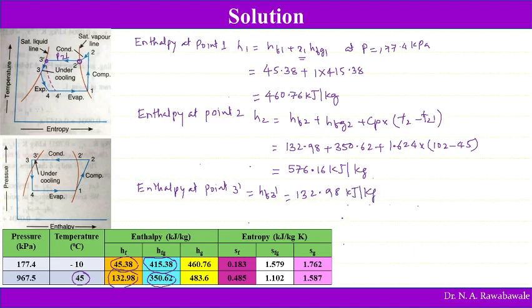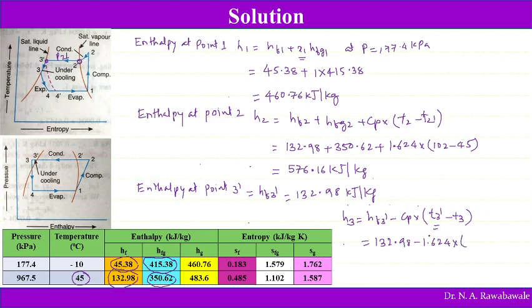Now to know enthalpy at point 3, H3 is equal to HF3 dash minus Cp into (T3 dash minus T3). HF3 dash is 132.98, minus Cp, 1.624, into (T3 dash minus T3).